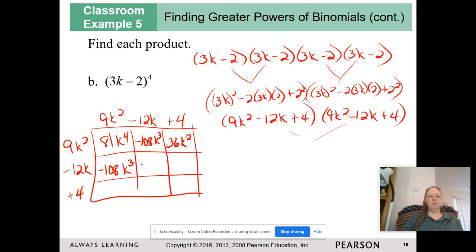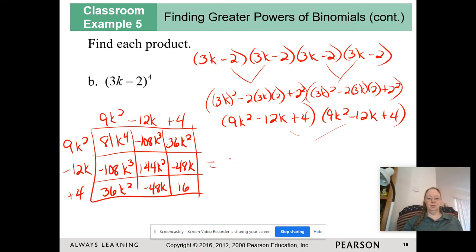And 144. And minus 48k, and then a 36k squared. Minus 48k and a 16.